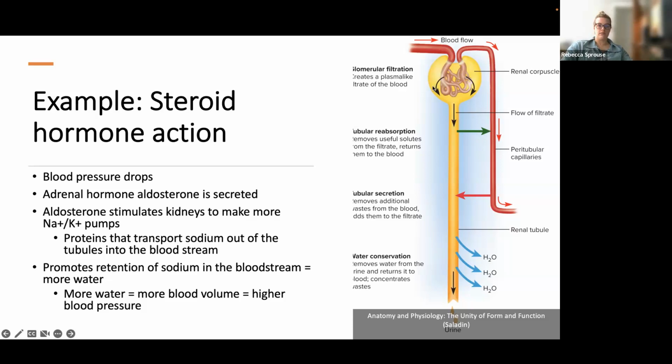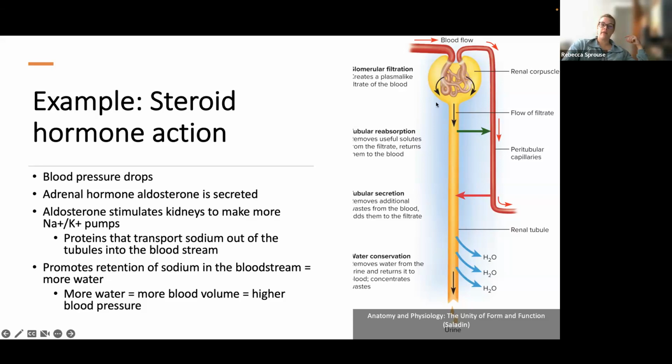So how do we fix this problem? We want to reabsorb that sodium that went out. It went out with its concentration gradient, and we're going to try and pull it back in against its concentration gradient. So we're going to do that with sodium and potassium pumps. So what aldosterone does is tell the kidneys to make more sodium potassium pumps so that we can reabsorb the sodium that was filtered out.